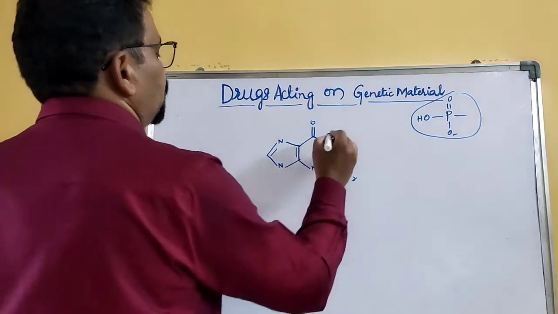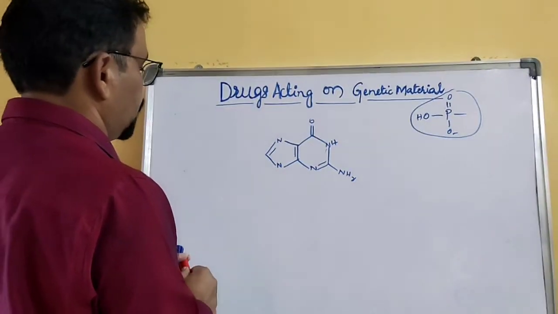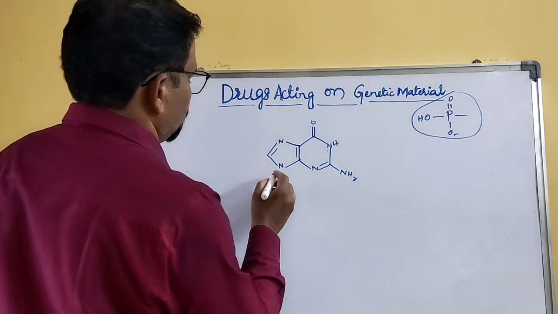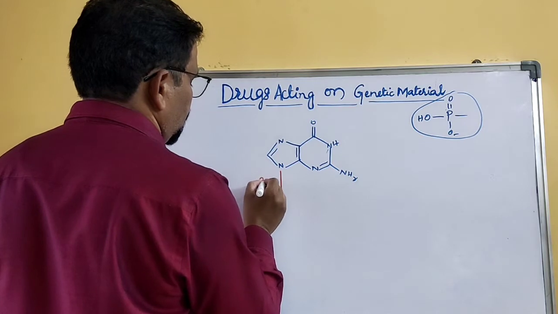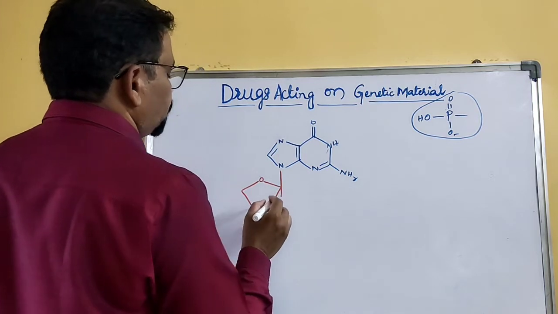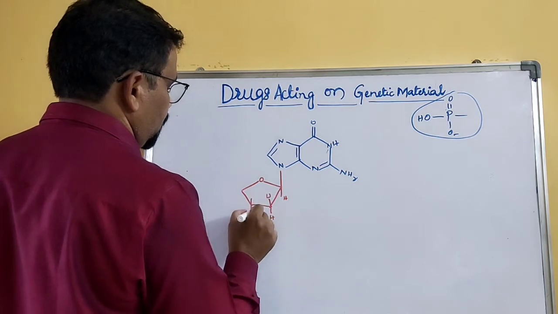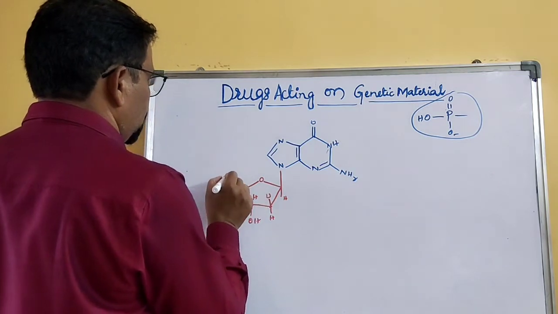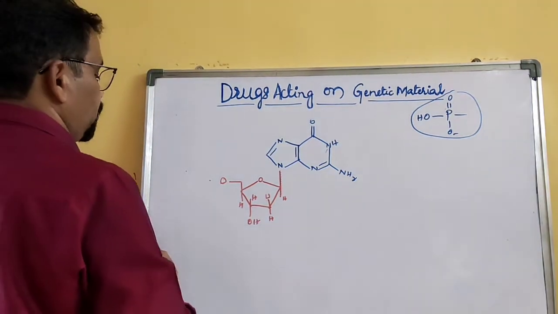This is the guanine structure, and this is how it connects with the sugar moiety, with hydrogen, OH, and the phosphate group.